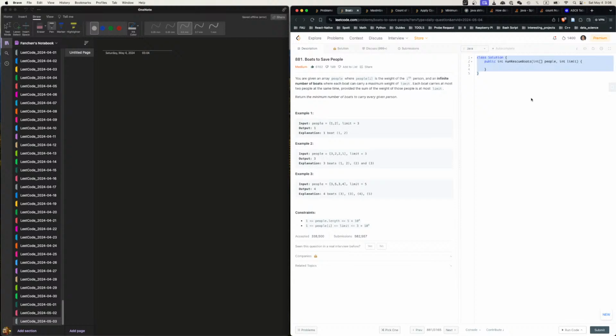Otherwise, because we want to use the minimum number of boats, the heavy has to pair with something, right? And we always try to pair with the smallest. And if there's a bigger one that can be paired, it doesn't really matter, because if you can pair with the biggest, you don't have to pair with the smallest.